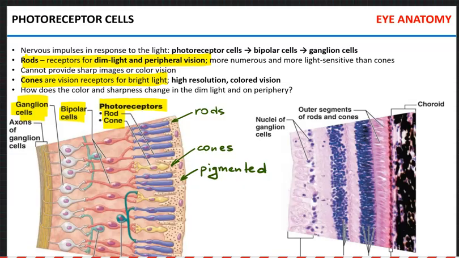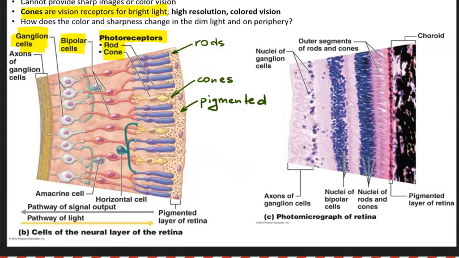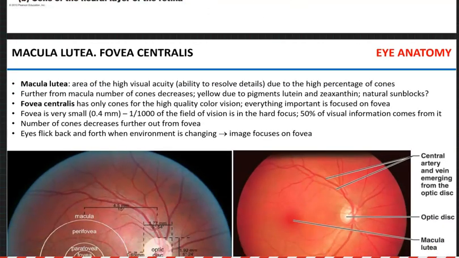No. Will I be able to see the colors of that person's clothes? Not really. It would be anyone's guess. Because that would be rods responsible for that vision. We're going to talk more about this when we get to the transduction.